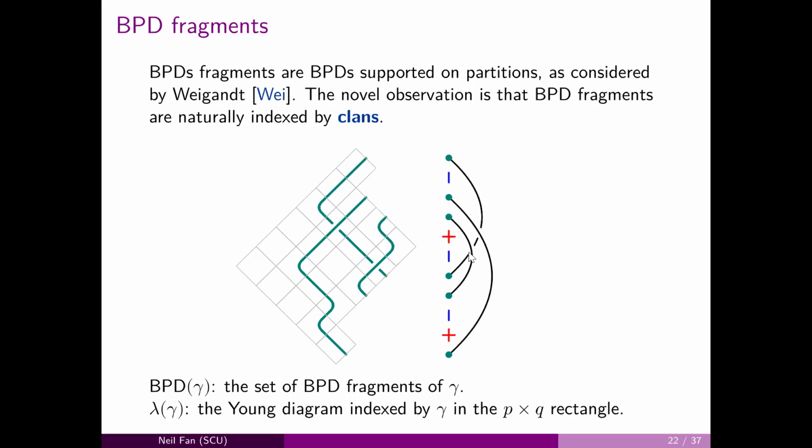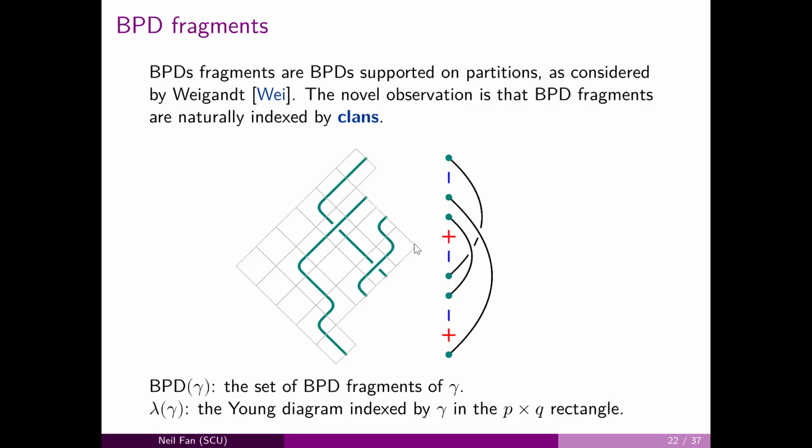Conversely, for each clan, there is a unique Young diagram obtained by replacing each left endpoint and plus sign with vertical steps, and after connecting the arcs, we replace the horizontal steps by minus signs. We replace the unmatched vertical steps by plus signs.